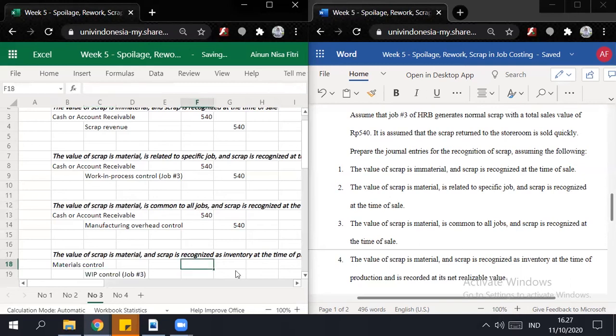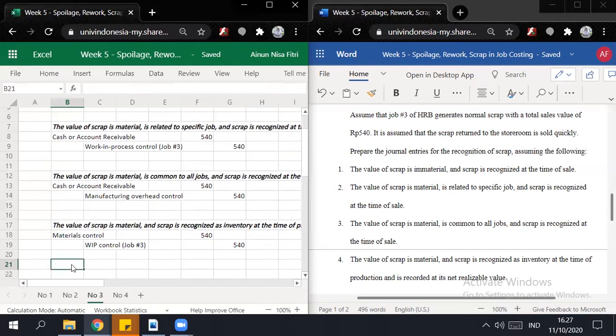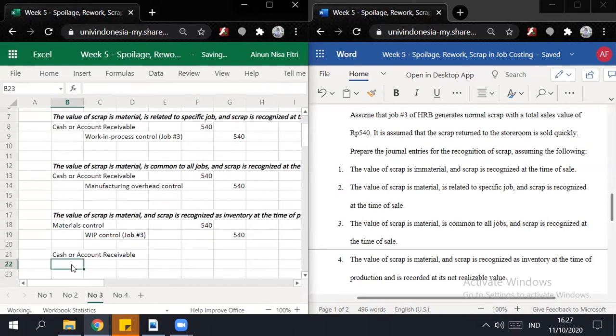$540 and 540. And later, when the scrap is sold, we have to recognize it as cash or account receivable, and then materials control on the credit side. 540.